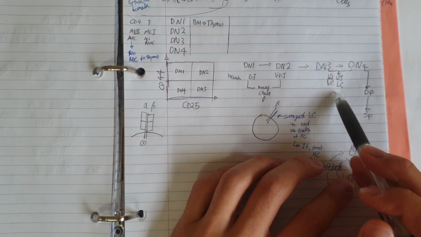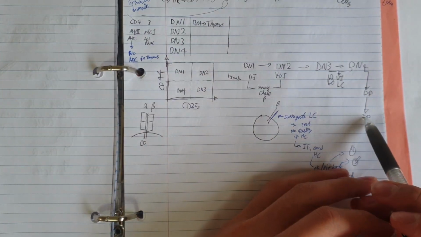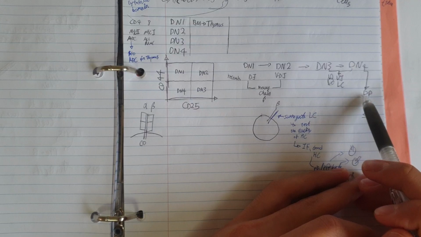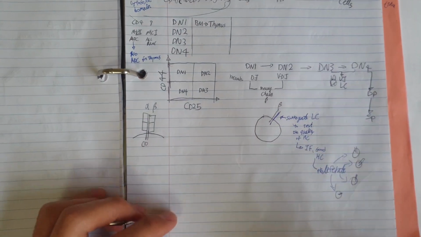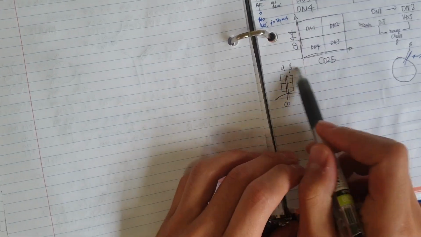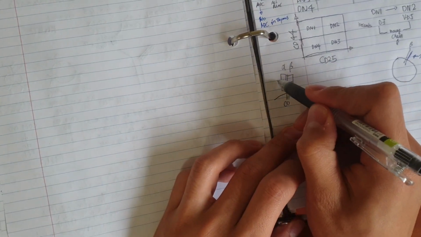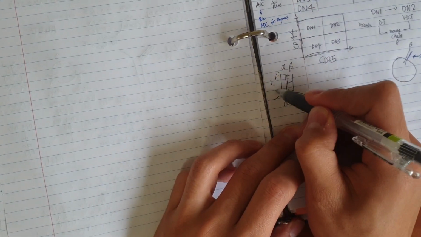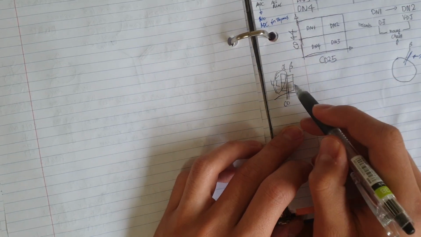After that step is done, we move on to double positive, and then single positive. And the reason why the light chain looks like this is that this is what the end product will look like: this is the light chain, and this is the heavy chain.